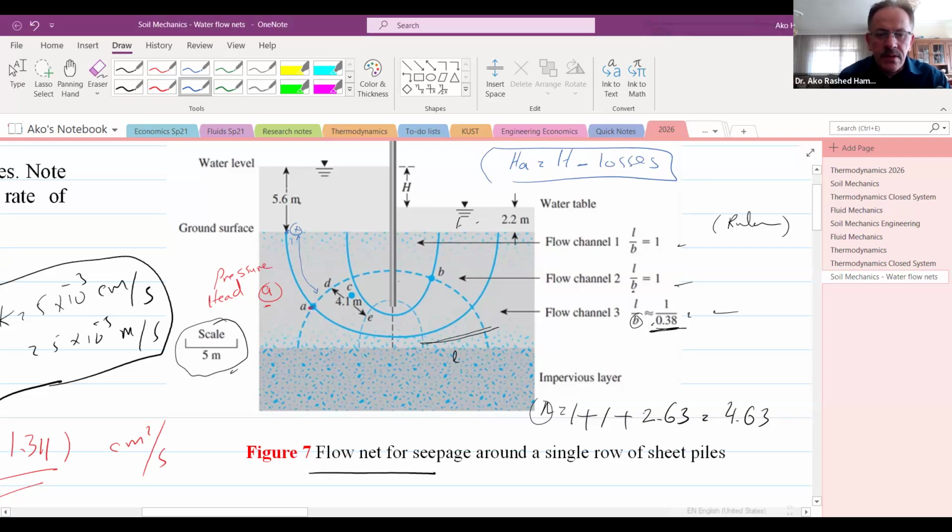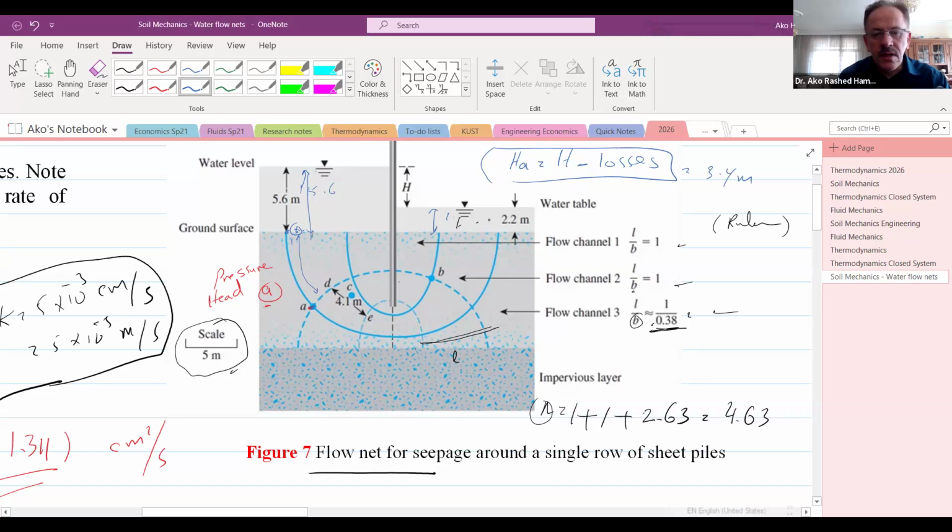Now, the pressure here is 5.6. We have 5.6 meters head of water here. Here we have 2.2. So during this journey, the water will lose its potential by how many? By 3.4 meters, right?